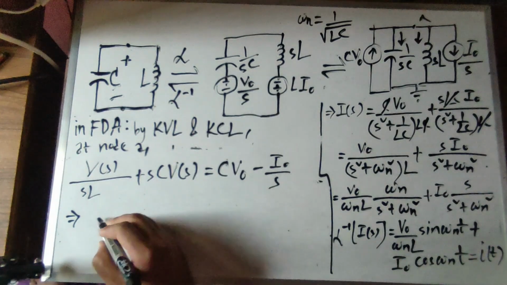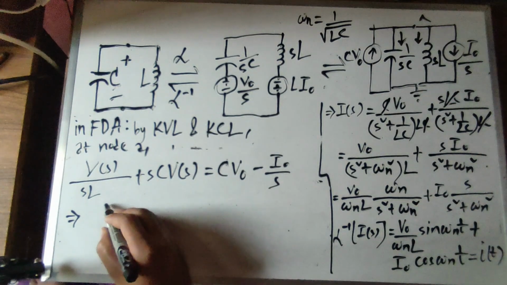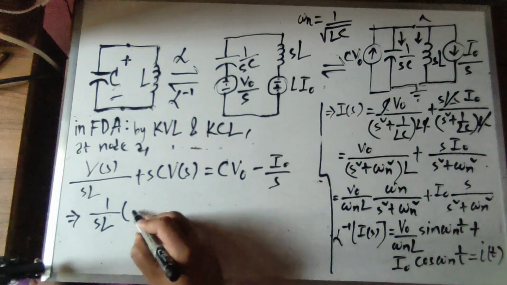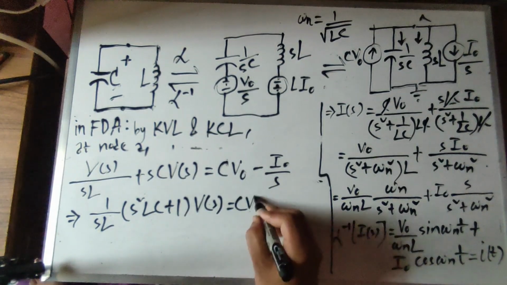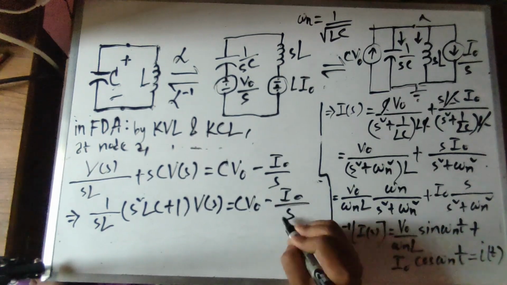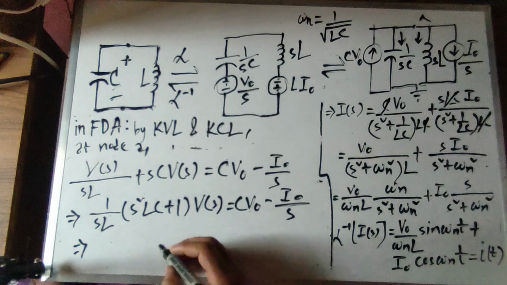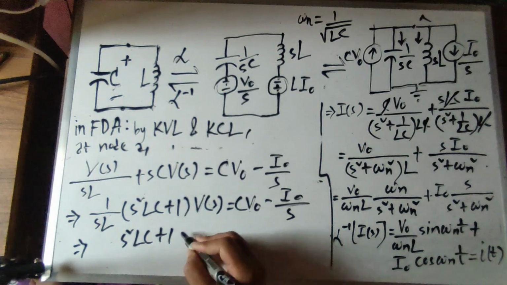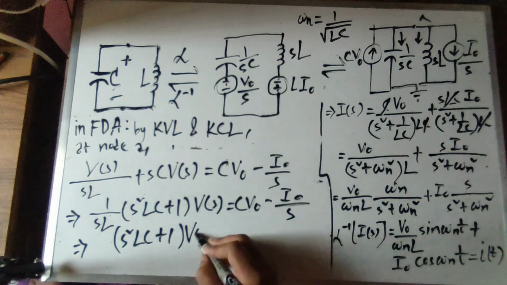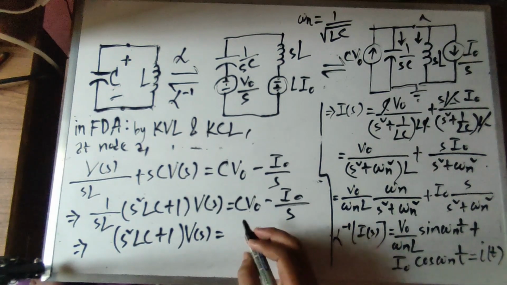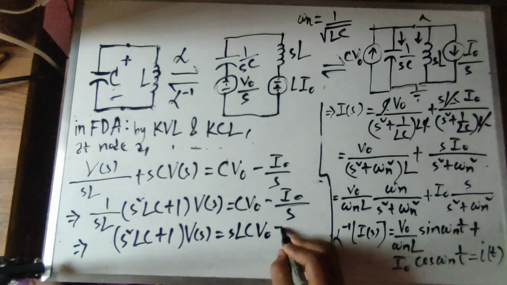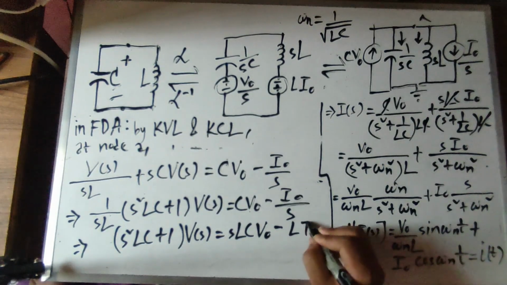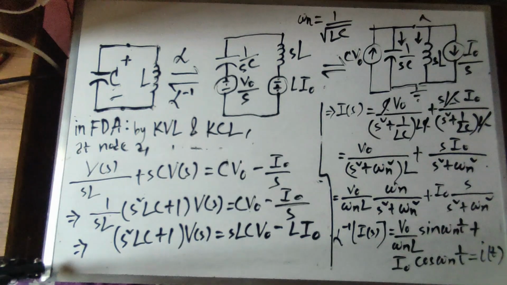Now let me take the common factor: 1 by sL times (s squared LC plus 1) V(s) equals (C V0 s minus I0) by s. So (s squared LC plus 1) V(s) equals s L C V0 minus L I0. Hope you understand this part.